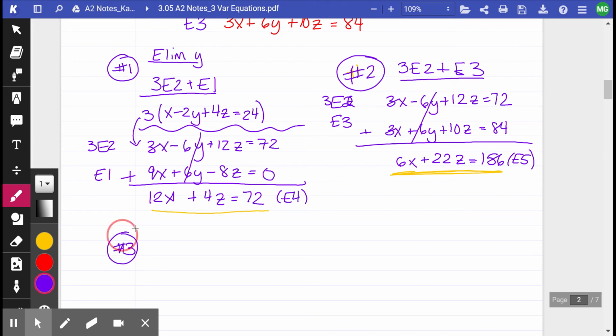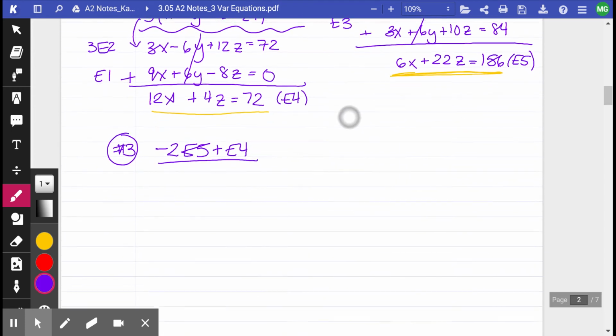So now we're right back to algebra where we have a system of 2 equations in 2 different variables. So now I'm going to use these 2 yellow equations, E4 and E5, to eliminate either the x or the z. So looking at them, I have a 12 and a 6, so I can multiply the 6x by -2, and that would get those to drop out. And that looks like it would be the easiest way to do it. So let's do -2 times equation 5 plus equation 4.